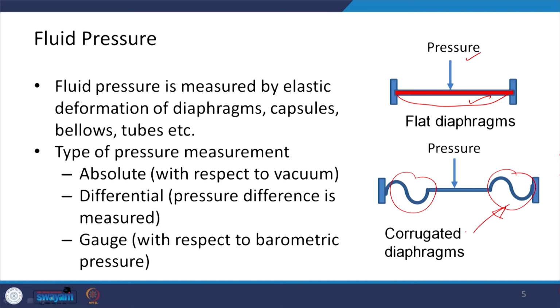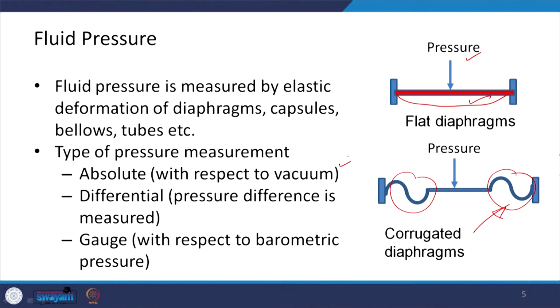Now, there are essentially three types of pressure measurement which we come across. One is the absolute one, where the pressure is measured with respect to vacuum. Then the differential one, where the pressure difference is measured, and the other one is the gauge one, where the pressure difference is measured with respect to the barometric or atmospheric pressure.